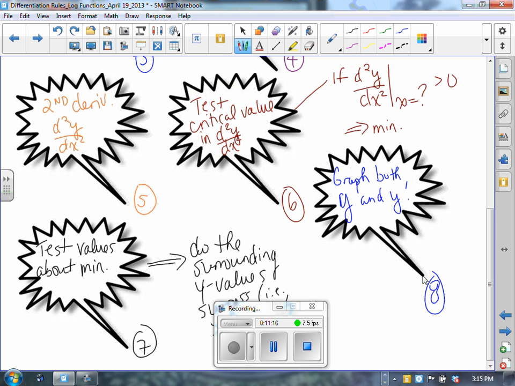And the reason why I say that is that some of these functions, if you have a visual representation for it, then it can inform the algebra that you do and vice versa. And also, you're going to end up getting critical values that are different than what you've experienced before. And knowing where they actually occur on a graph in relation to it is critical. Okay, so give that a try.